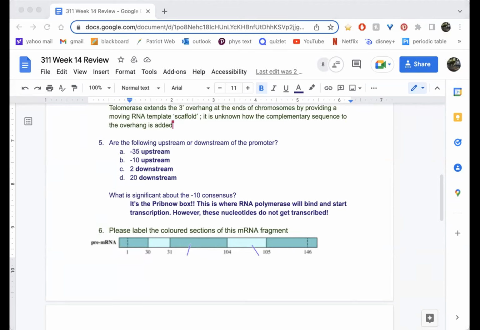Usman, are you talking about the Tata box or the Pribnow box? Oh yes, Usman is talking about the Tata box. So according to Wikipedia, which I don't know, do we trust it? Who's to say? But it says that the Tata box is normally 25 to 35 base pairs upstream of the transcription start site. So hopefully that answers your question, Joseph.